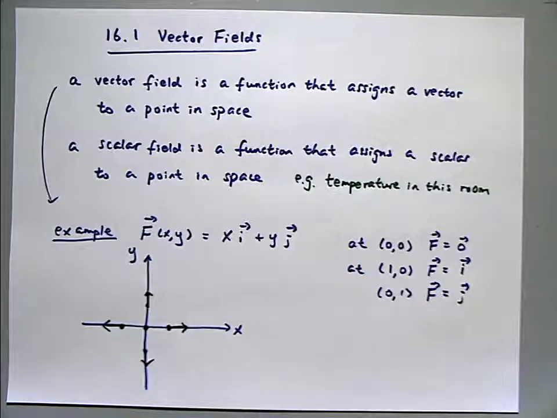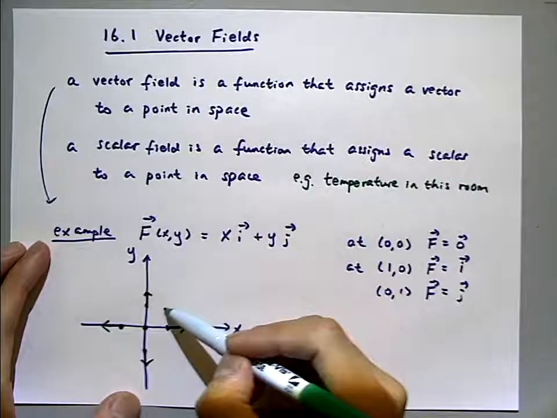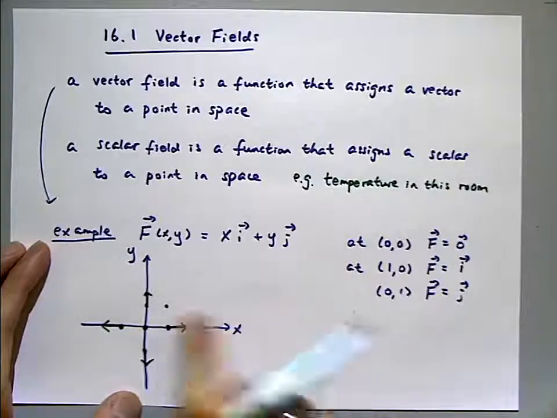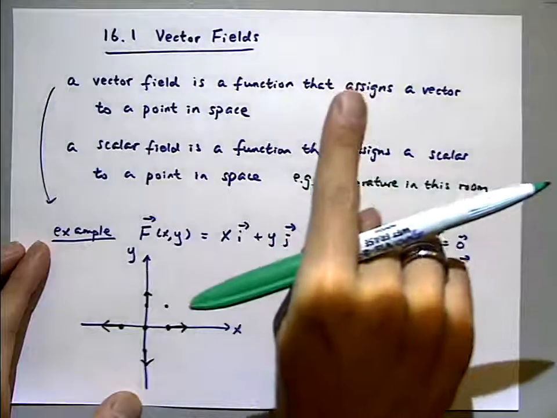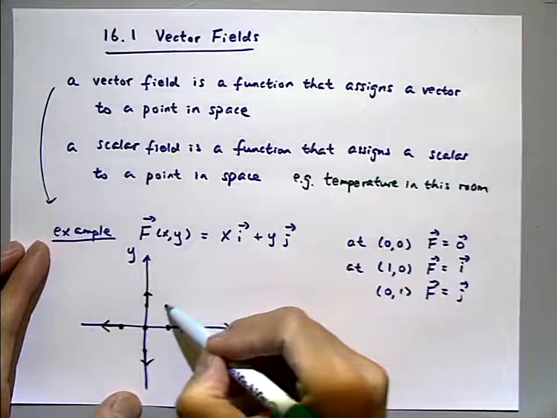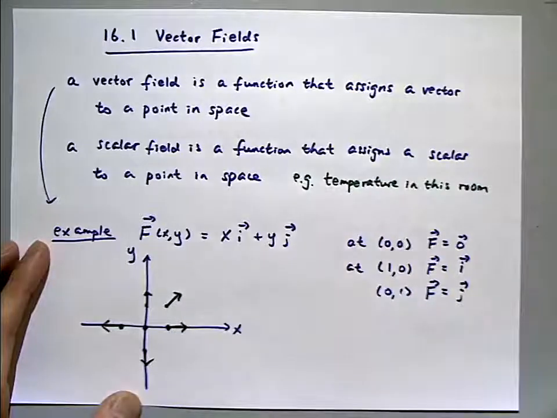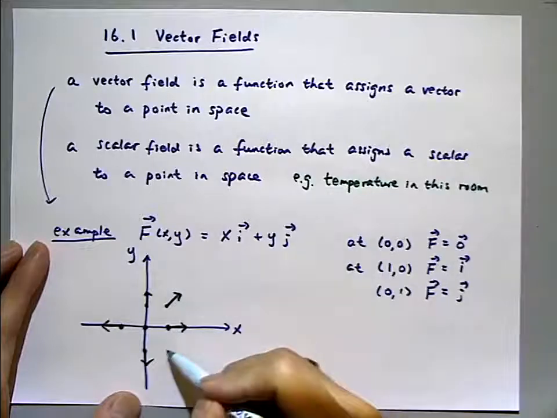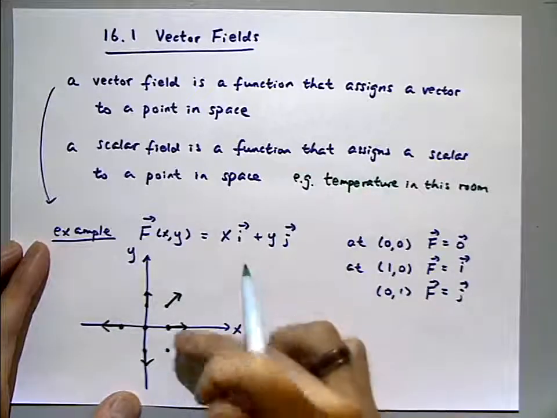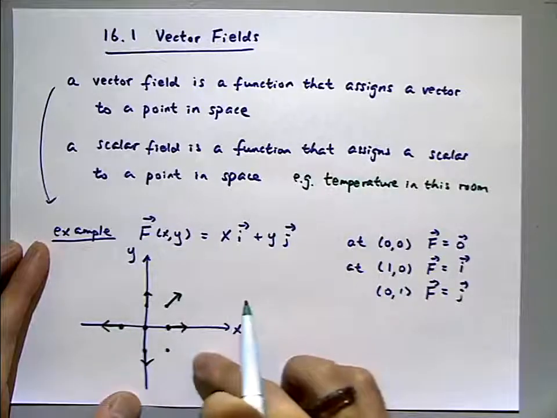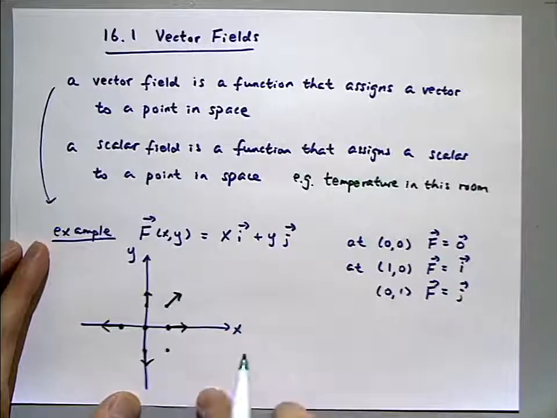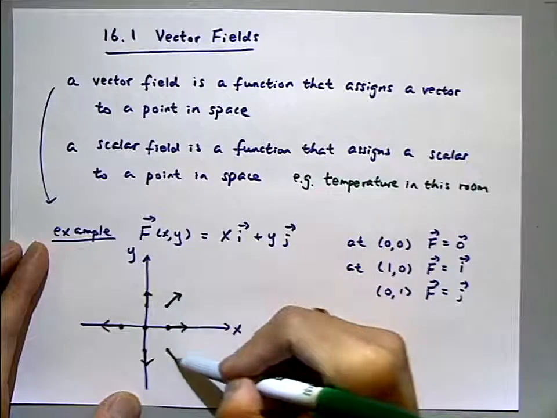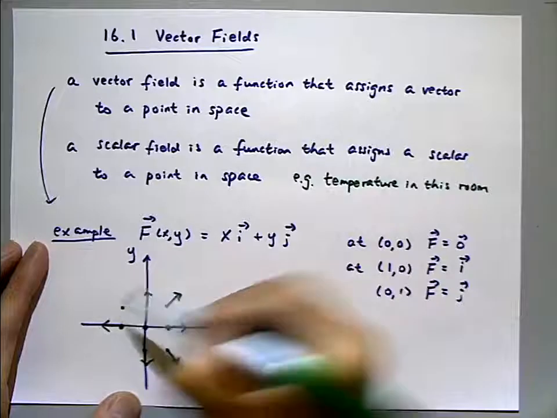Let's put a few more down so we get a better picture. At 1, 1, we're going to go 1 unit to the right and 1 unit up, so the vector will look something like that. At 1, minus 1, it's 1 unit right, 1 unit down, that way.